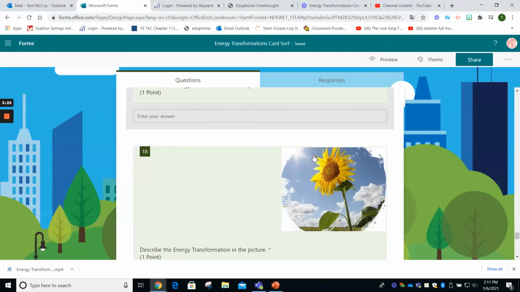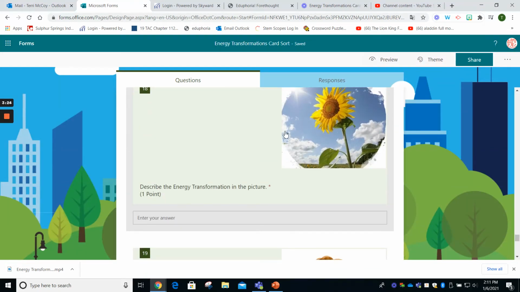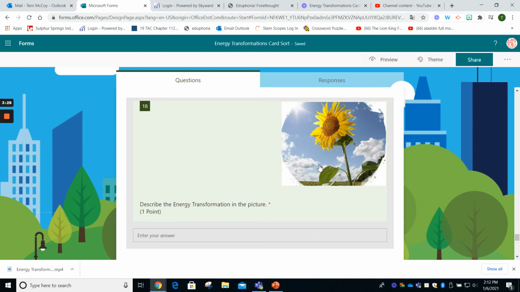Okay, next. Number 18, we've got a plant right here. We've got a sunflower. So what happens with the energy transformations in the sunflower? Well, I'm sure you've talked about this in your 4th and 5th grade classes, maybe even before then. Plants use the energy from the sun. So they take the light or the radiant energy from the sun into their leaves.